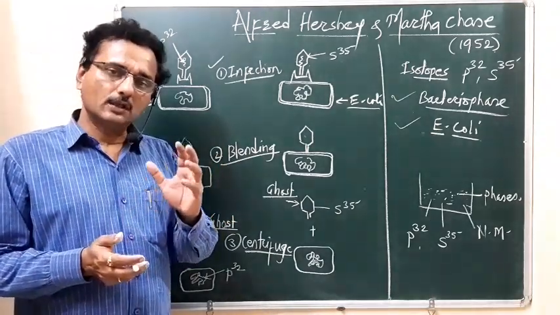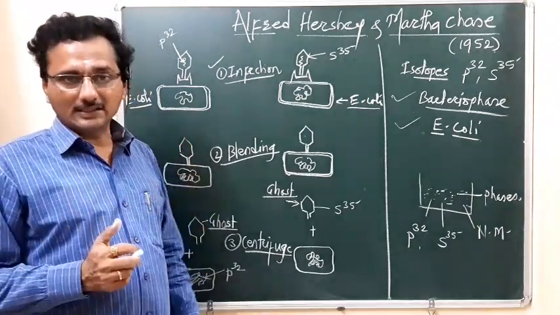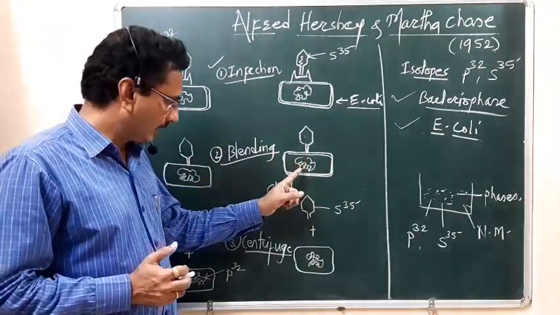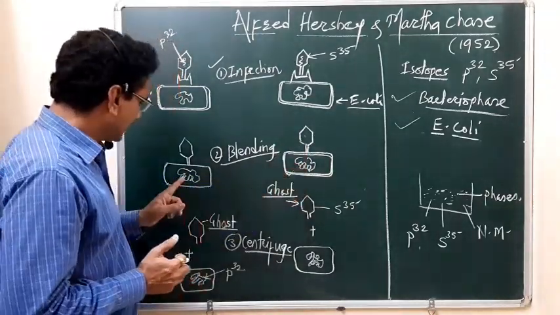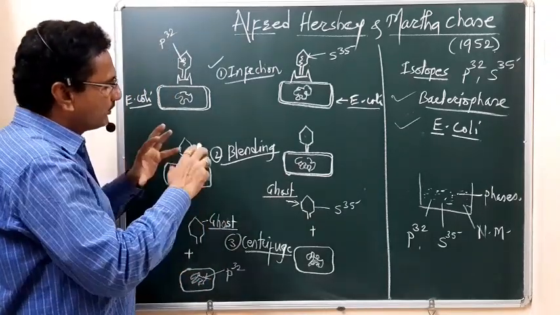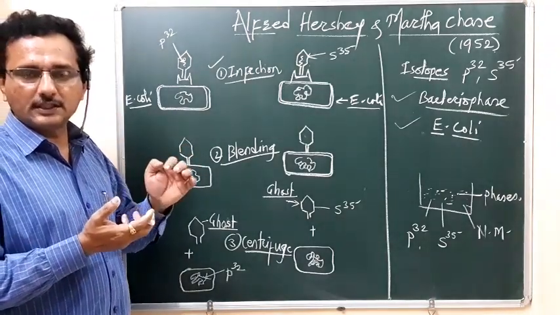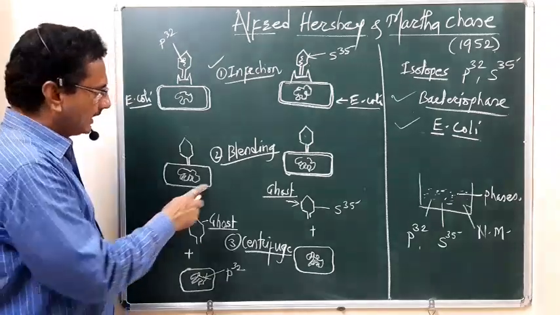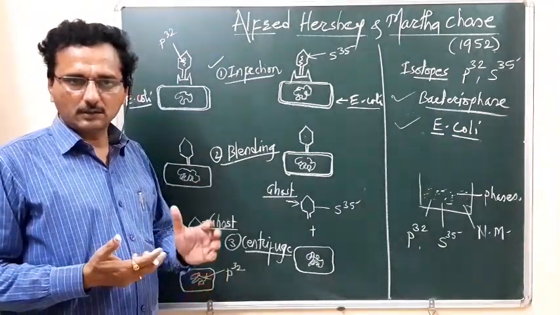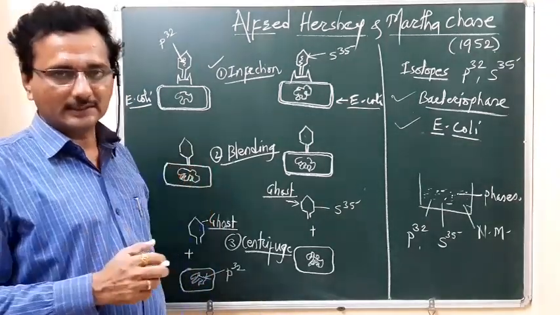You are aware that bacteria have a single circular double stranded DNA molecule. So the phage DNA gets incorporated inside the bacterial cell DNA. Such incorporation is called blending. Blending means mixing, a mixing of both types of DNA segments.